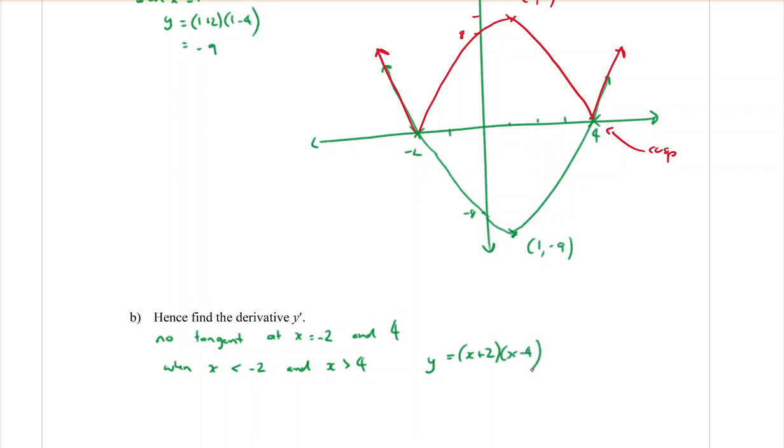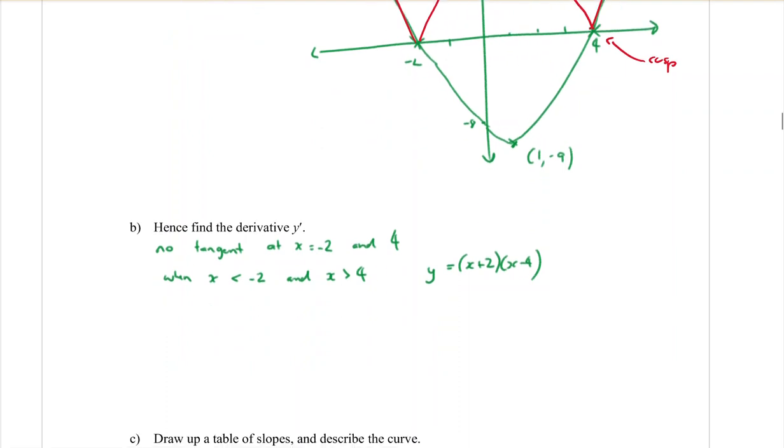I can't differentiate it while it's in brackets, so I expand it out, which is x squared. I'm going to do the middle two terms together. I have a minus 4x plus 2x, so minus 2x minus 8. And then when I differentiate that, y dash equals 2x take away 2.